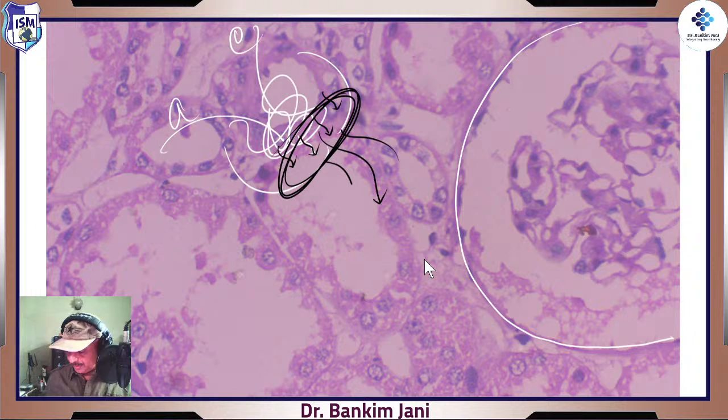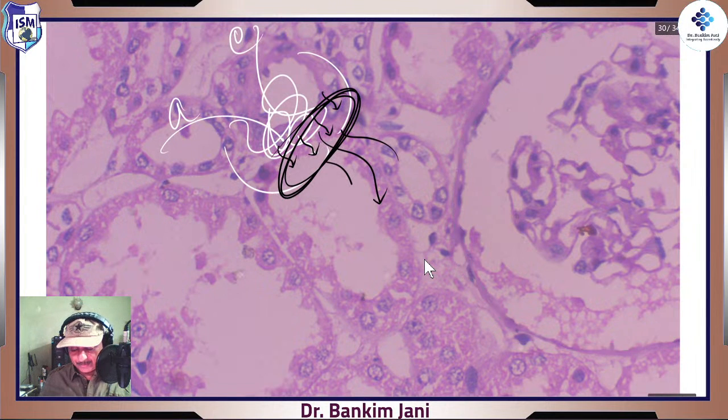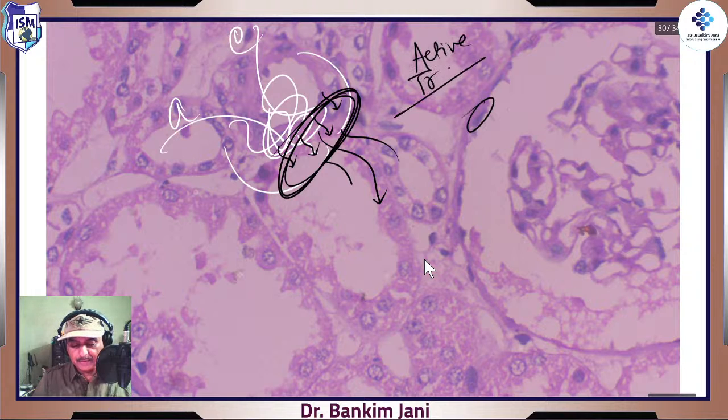That's what we have been saying from the beginning: this layer, simple squamous epithelium with a flat nucleus, is where the process occurs. So here is our active transport. Now you will appreciate that the lining of Bowman's capsule is definitely a simple squamous epithelium.